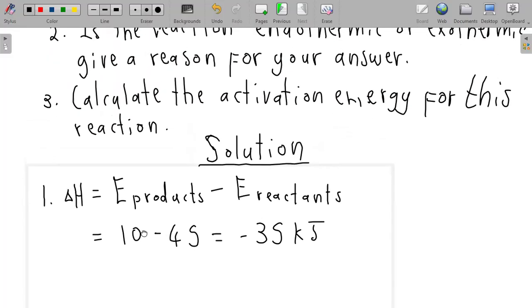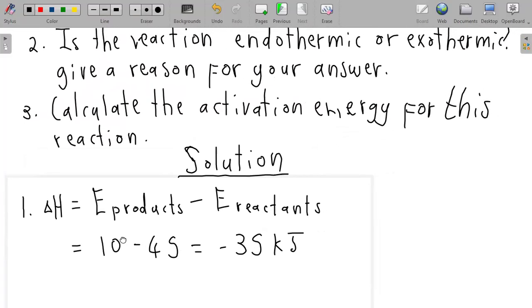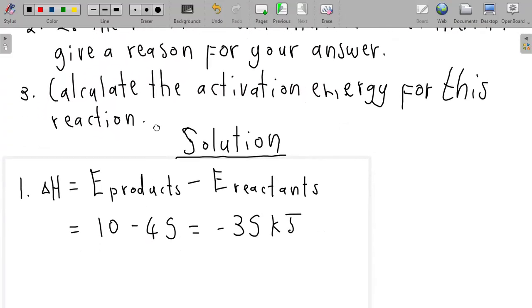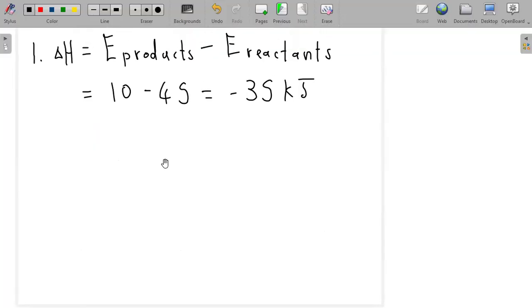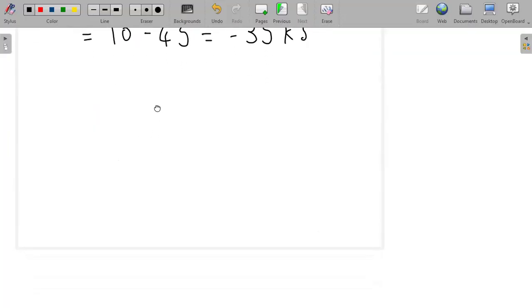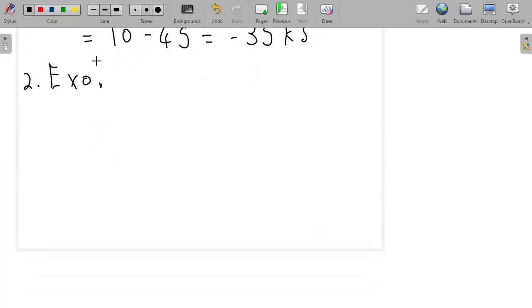And then they're asking, is the reaction endothermic or exothermic, and give a reason for your answer. So it is going to be exothermic. Why?